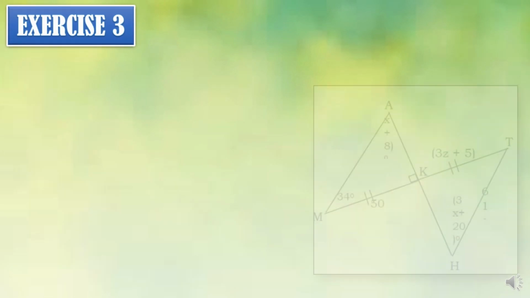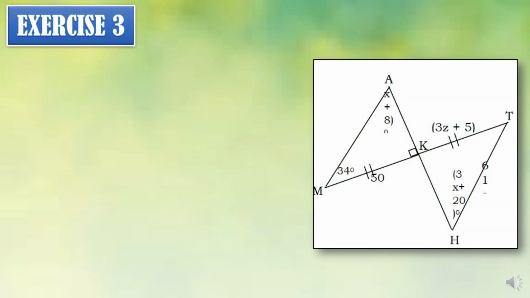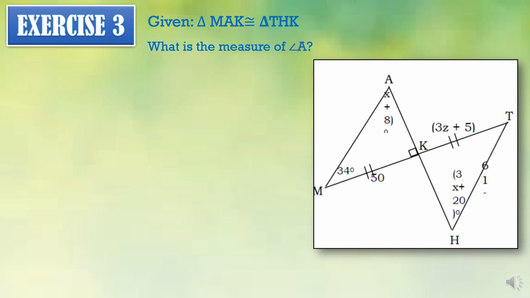In exercise 3, take a closer look at the given figure. The given is triangle MAK congruent with triangle THK. The question is, what is the measure of angle A?